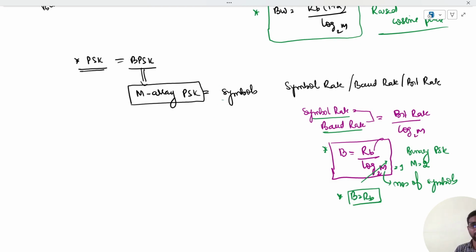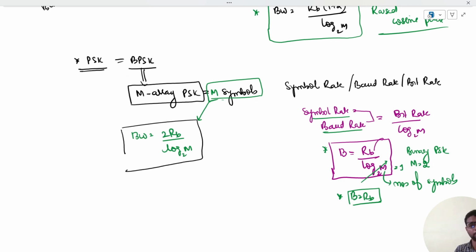Here, for M-ary PSK, how many symbols do we have? M symbols. Now in M symbols, we have understood bandwidth. What will be the bandwidth? Bandwidth will be 2RB upon log base 2m. Why am I specifically discussing M-ary PSK? Because most of the questions come from PSK only. So this is the bandwidth that we have already seen. What is the energy?